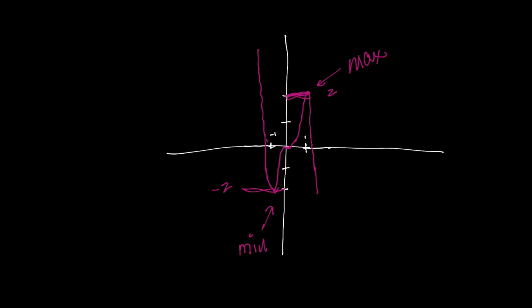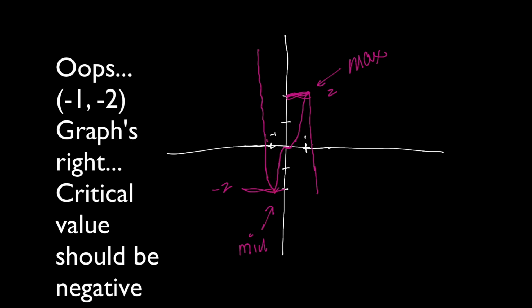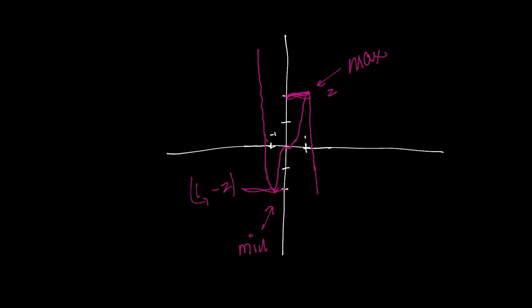I checked it on my graphing calculator, also on Desmos, and what you'll notice is it comes from upstage left here, comes down, bottoms out at negative 1, negative 2. So this is one of the critical points. The critical value is negative 1. The critical point is negative 1, negative 2. Then we come up here.